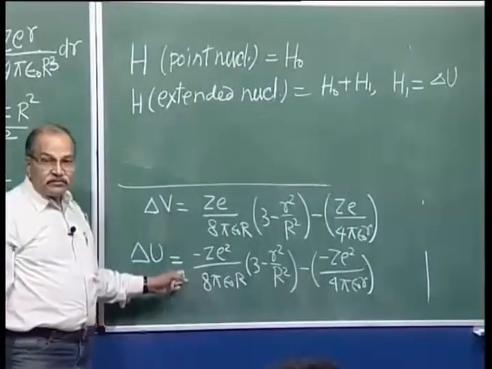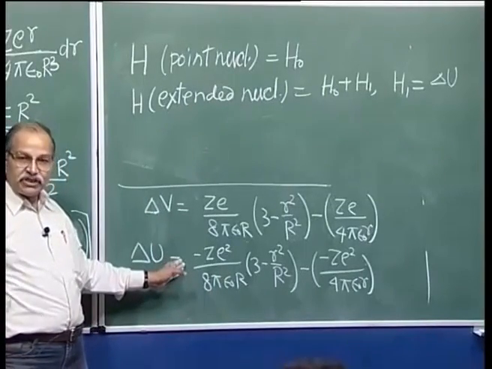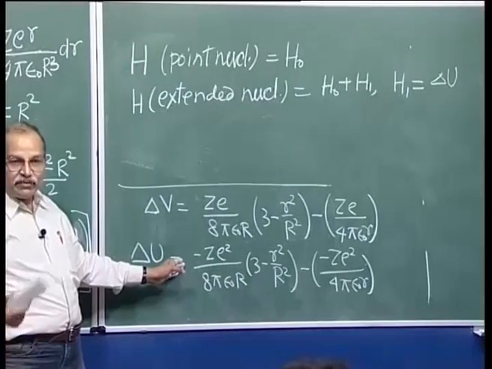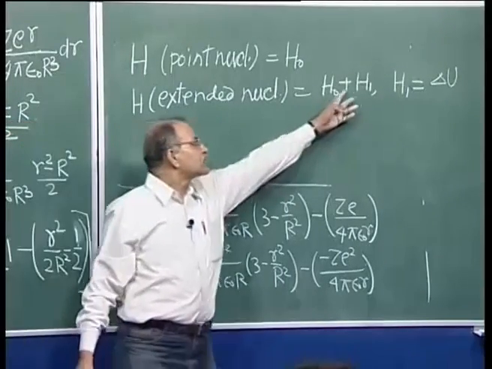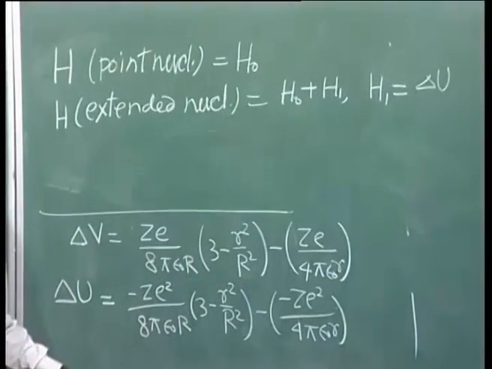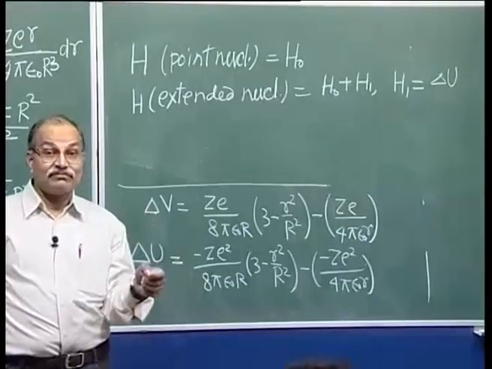Is this fine? Right. This is the change in the potential energy term, the kinetic energy term remains the same. So, the change in Hamiltonian that I have to bring in, this extra term, is just this. Now, how does it affect the energy?